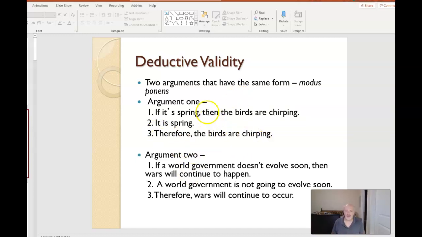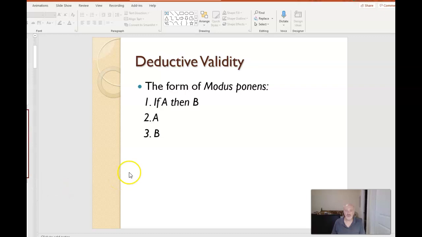You can see that both of these arguments, even though they have very different content, actually have the same form. And that form is best and most useful to symbolize.